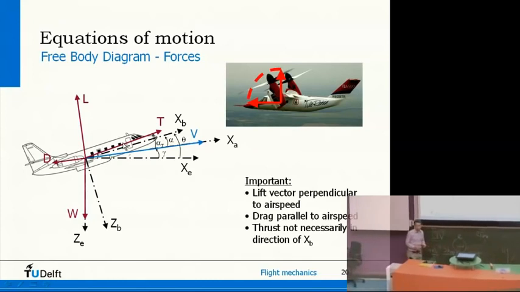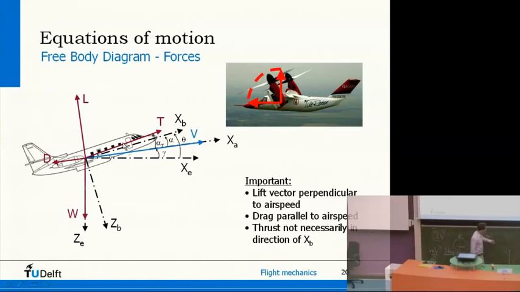And now you may ask, why parallel to the airspeed vector? Why not just horizontal? If you take another direction, it's also fine. But if you take forces parallel to the airspeed vector, then that's convenient and you get simpler equations. So it just makes life a little bit easier.